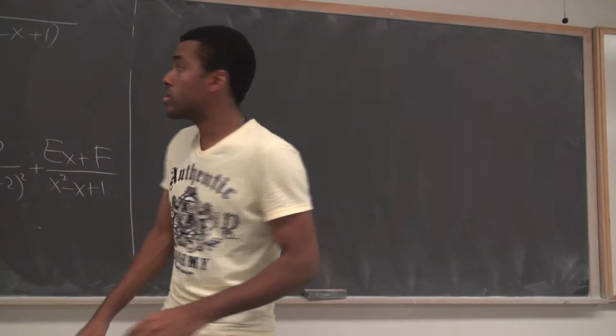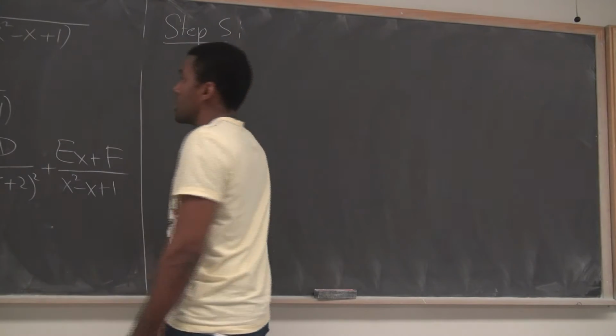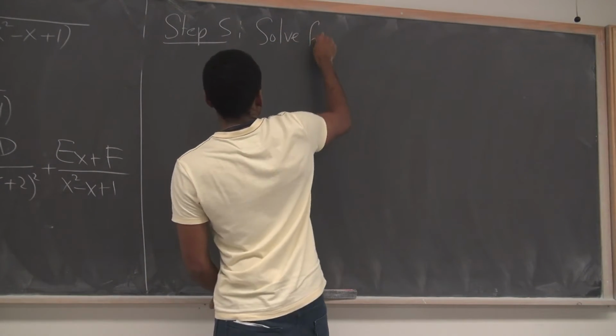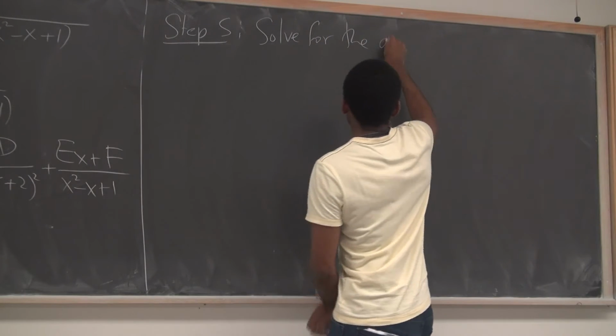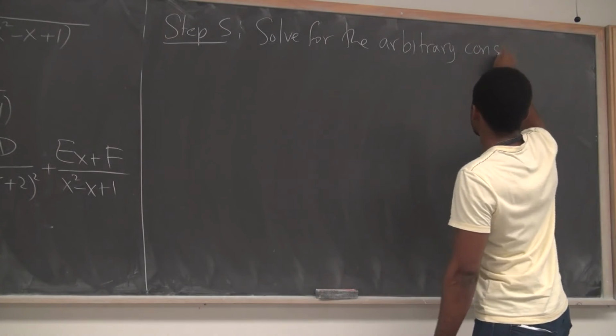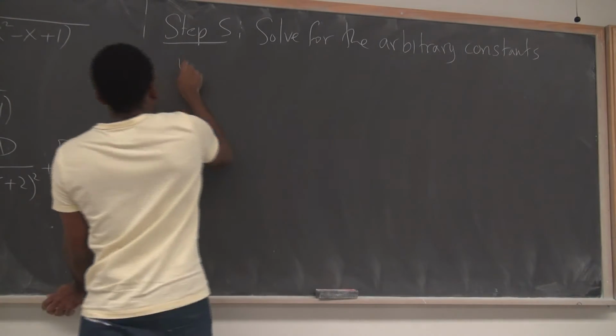What step are we on? Step 5 would be to solve for what we call the arbitrary constants.